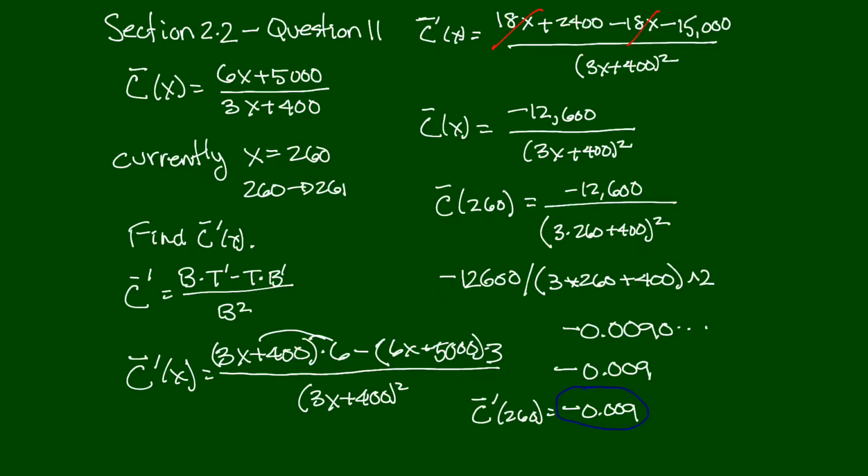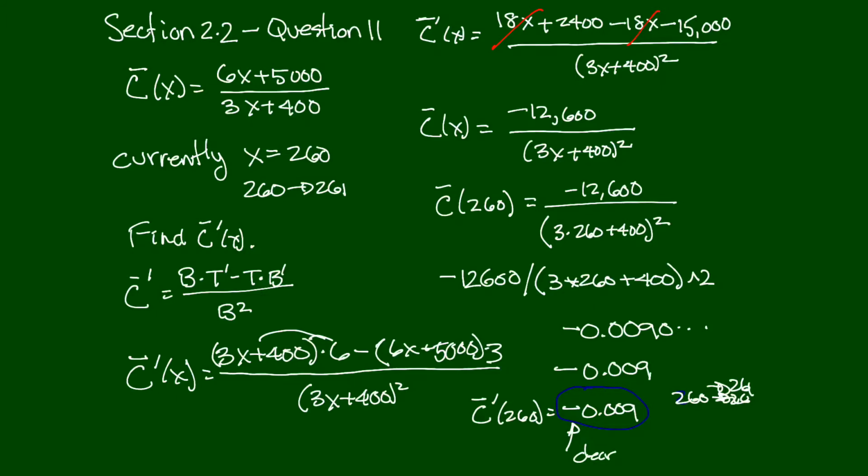But what does it mean? Well, this tells us if we raise the number of boxes of these gift cards that we're making from 260 up to 261, what will happen to our cost? Well, you see that negative?